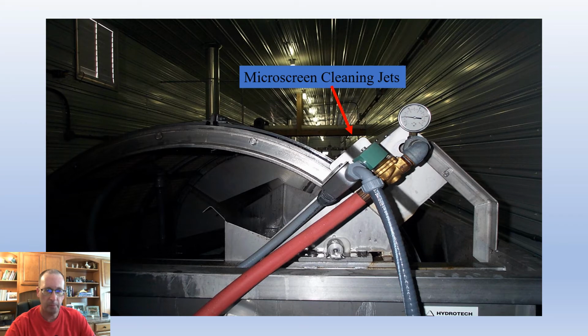You can see the large brass fitting and the pressure regulator on the top of it. And what that does is it blasts the entire microscreen with a great big power washing blast of water, and it rinses all of the dirt into a collection basin where it's exported from the system.